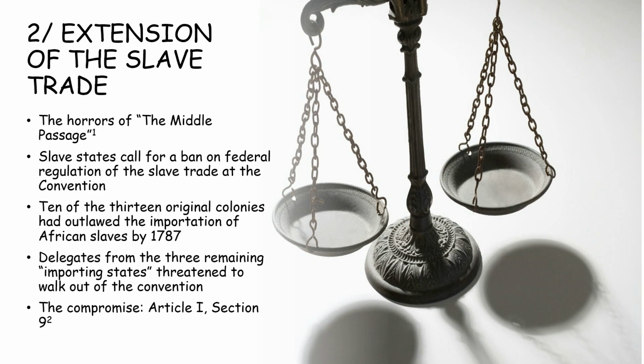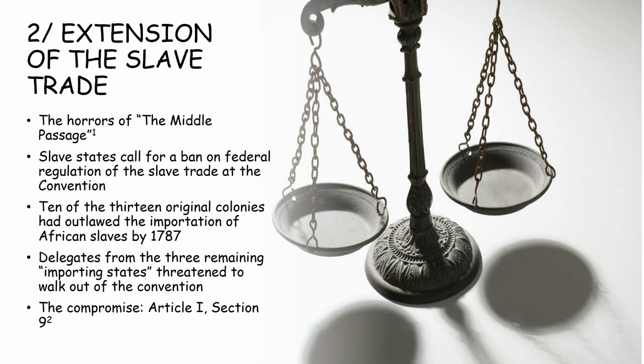So again, merchants specializing in the shipping of human slaves traveled to the coast of African slave markets. They would pack the slaves so tightly that half of them would die on the passage to the harbors of, again, the slave importing states, to Savannah, to Norfolk, and to Charleston.